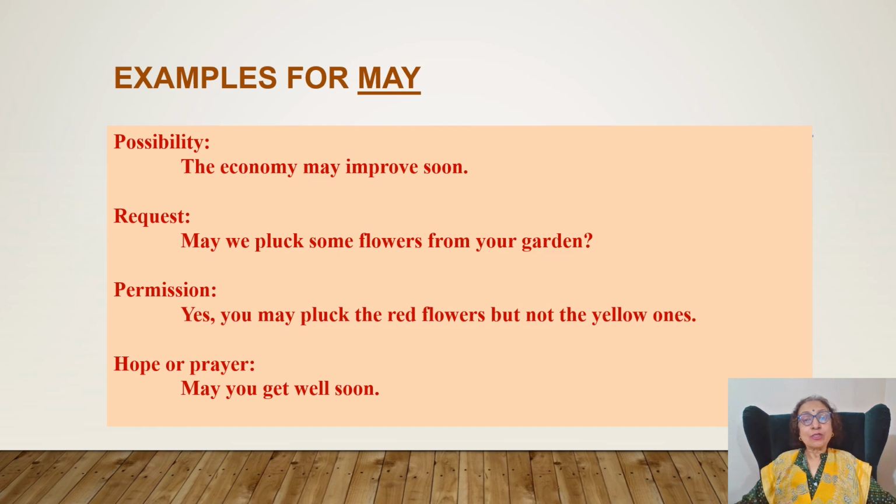But not is doing the work, because if we are speaking, the short form is used. But the answer is, you may not pluck the yellow flowers. That is the full sentence. So you may pluck the red flowers, you may not pluck the yellow flowers. That is the idea.